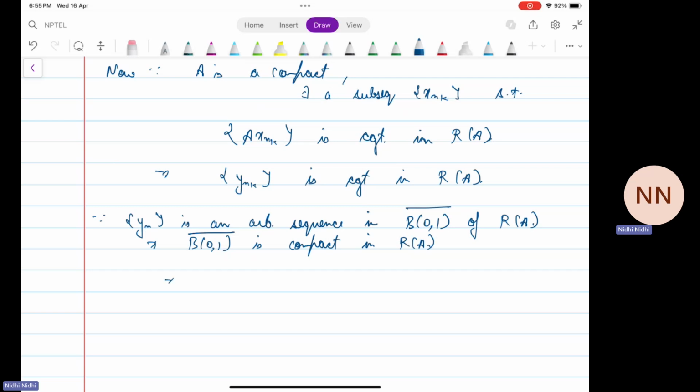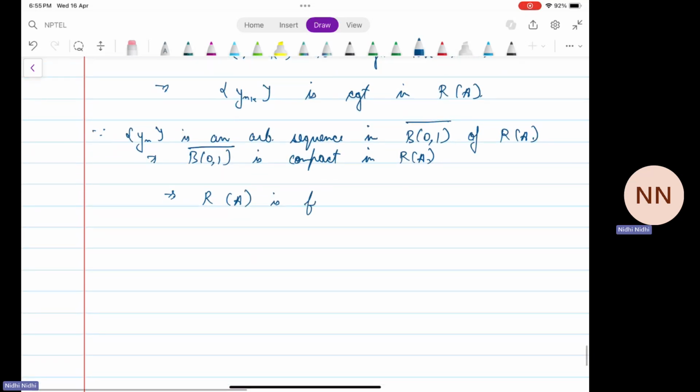And we know that this happens if and only if R(A) is finite dimensional. That means the range space of A is finite dimensional, that is, the rank of A is finite, because the rank of A is nothing but the dimension of the range space of A. Therefore, the given statement is true.